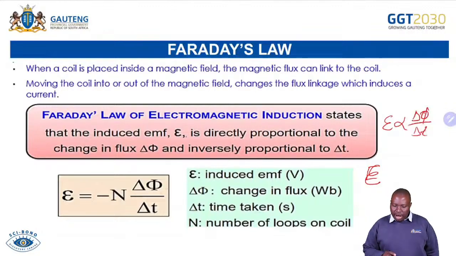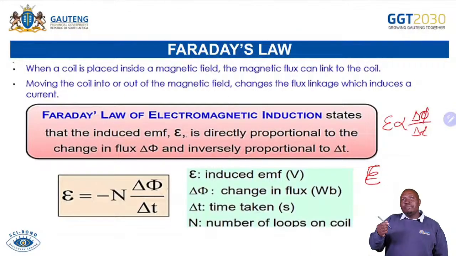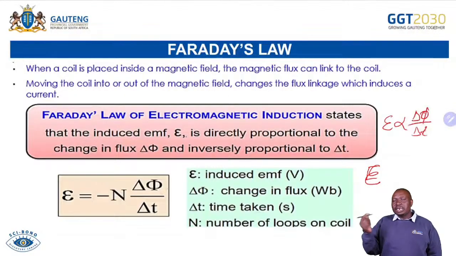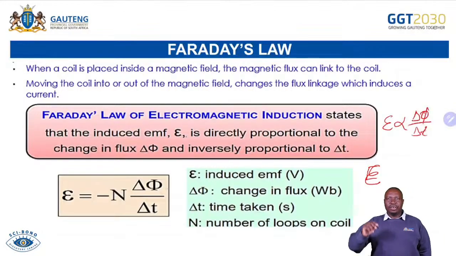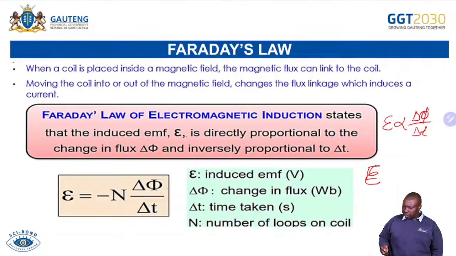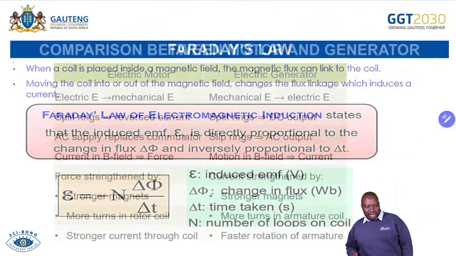It means if we are slower, taking more time, the induced EMF will be less. But when we decrease time, when we change the magnetic flux by moving the magnet in and out of the coil much faster, increasing the speed of rotation, the induced EMF will definitely increase. That is the science behind it.